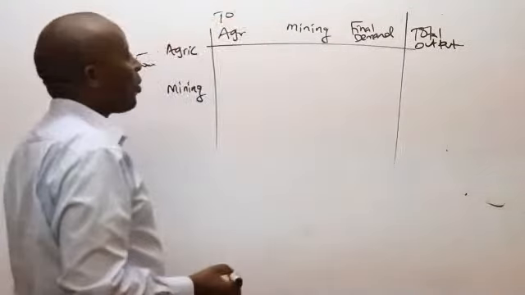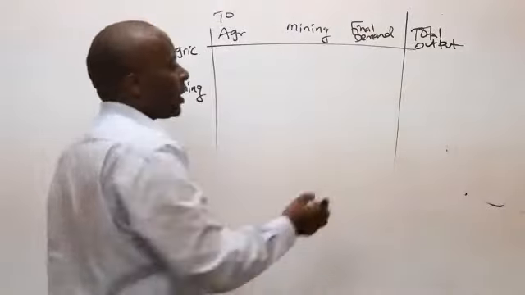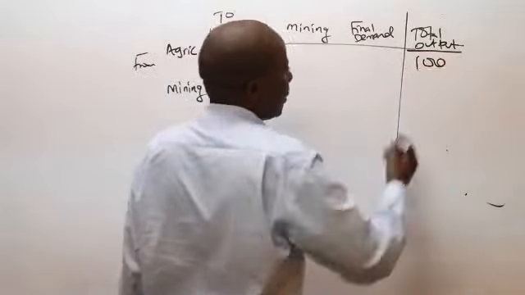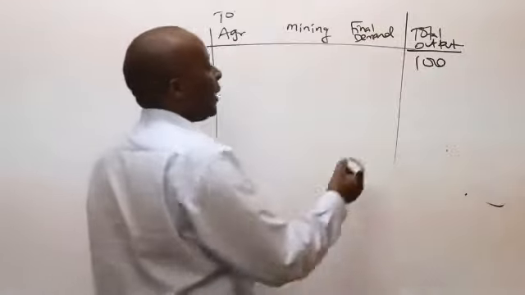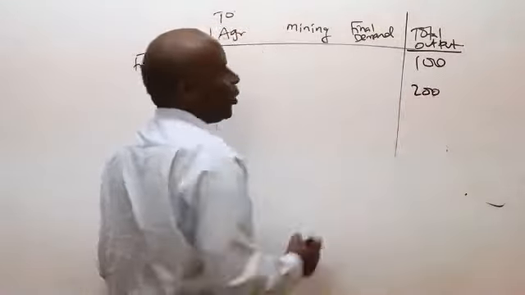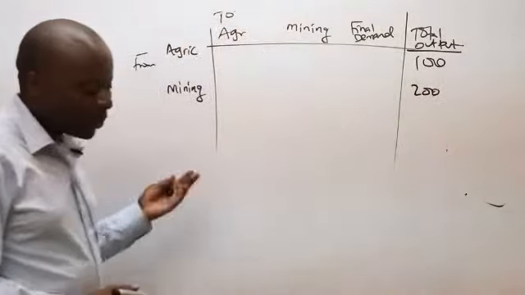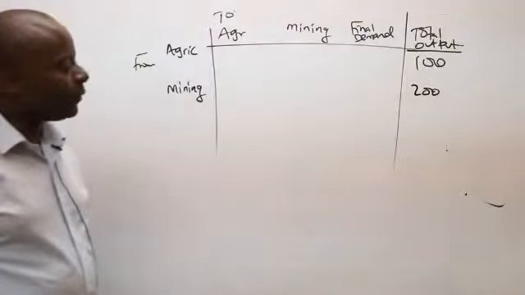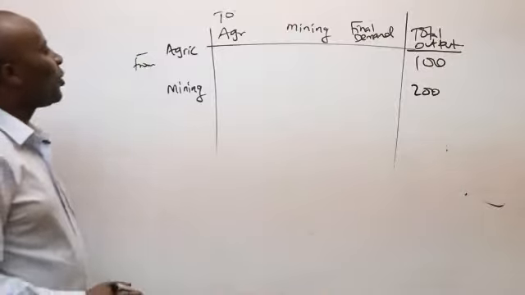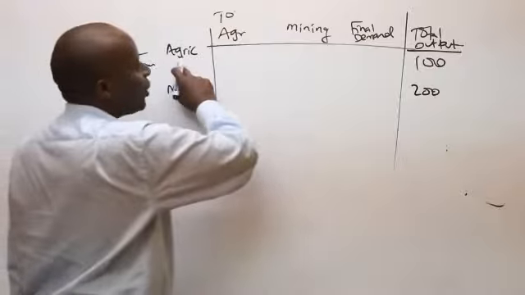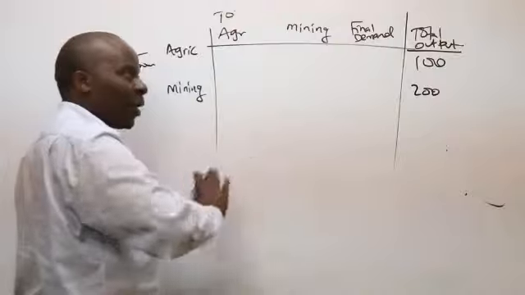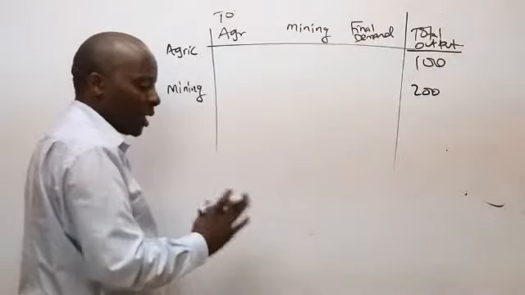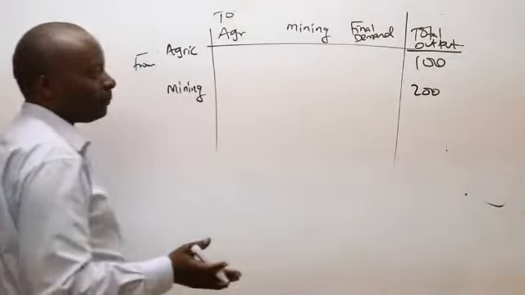It will tell you that agriculture in the year produced 100 kilograms, could be 100 million kilograms. And for example, mining produced 200 kilograms of limestone. Limestone is quite useful. From agriculture, in the year, there will be quite a lot of transfers between sectors.